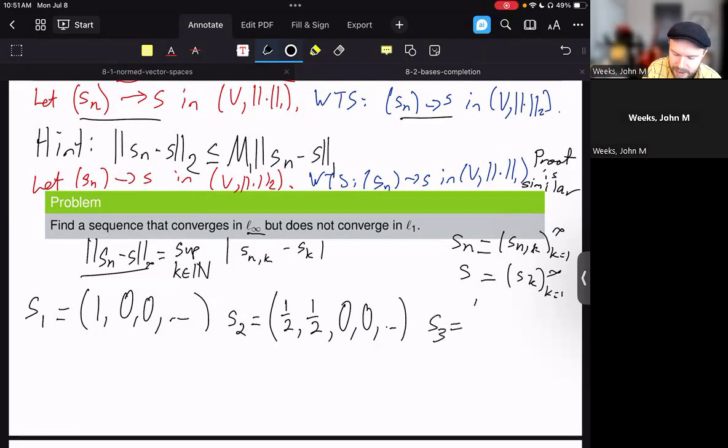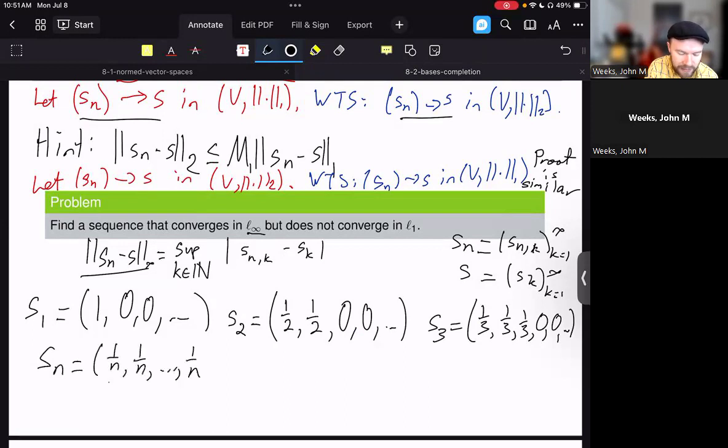S of 3, I'm going to make it so that the first 3 elements, which were 1s in our previous example, are now 1/3. So how am I defining the sequence S of n? I'm making it 1 over n, 1 over n, dot, dot, dot, 1 over n for n elements of the sequence, and then I am making it 0 beyond that point.